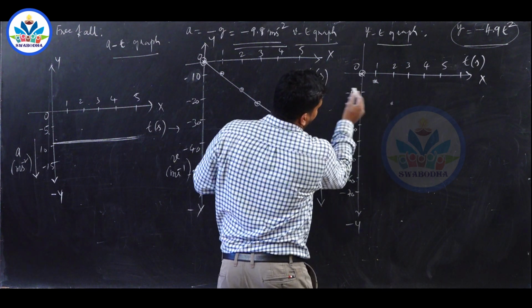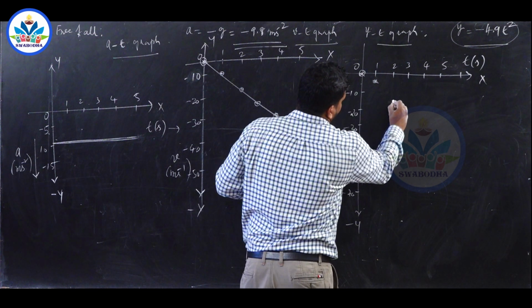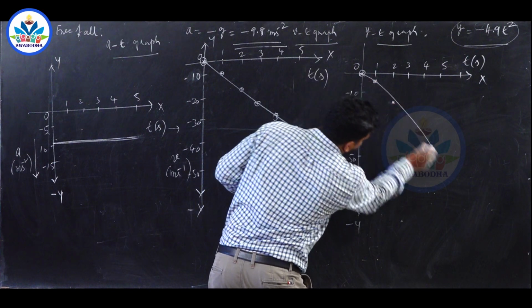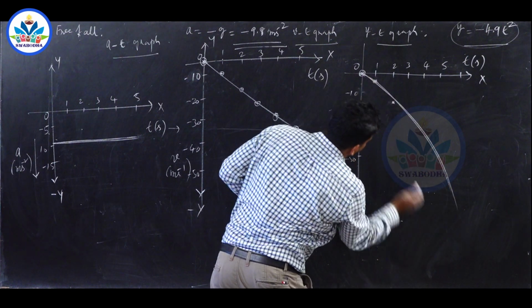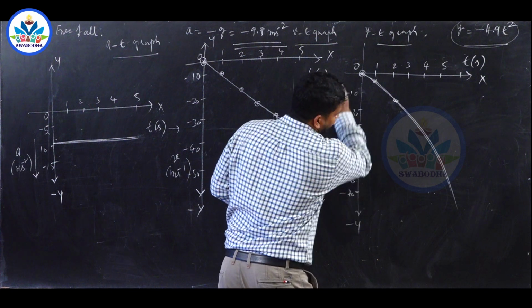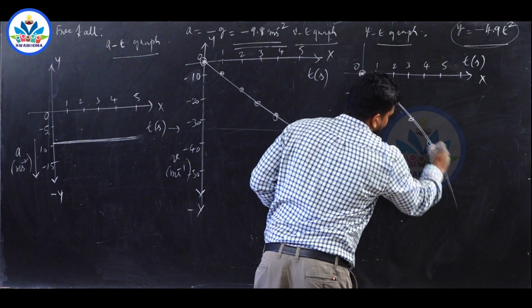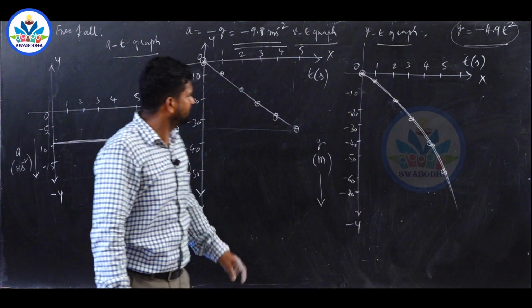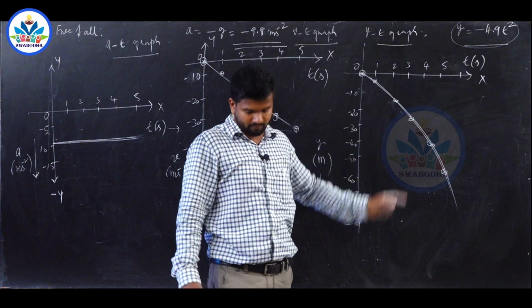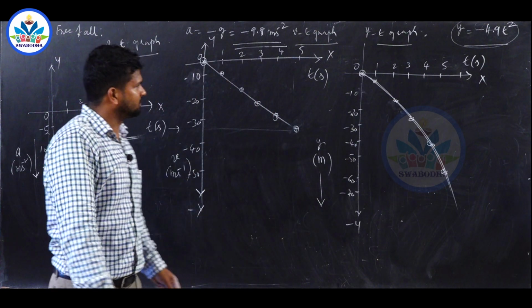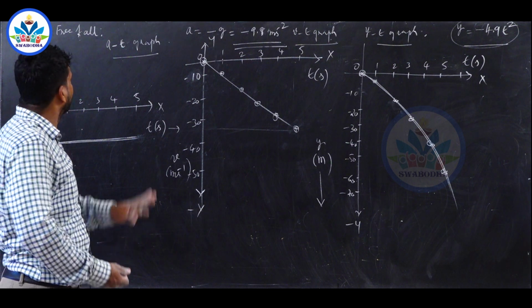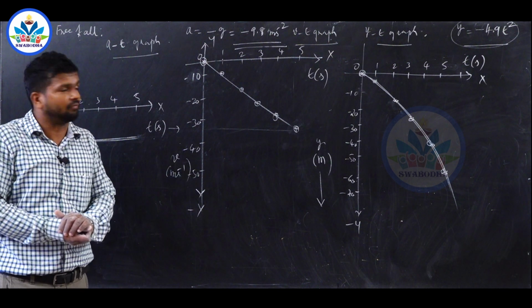If you plot the graph, you will get a graph like this. It is not a straight line, it is a curve, roughly, simply giving the points. So this is the position time or displacement versus time, YT graph, for the motion under gravity or free fall.